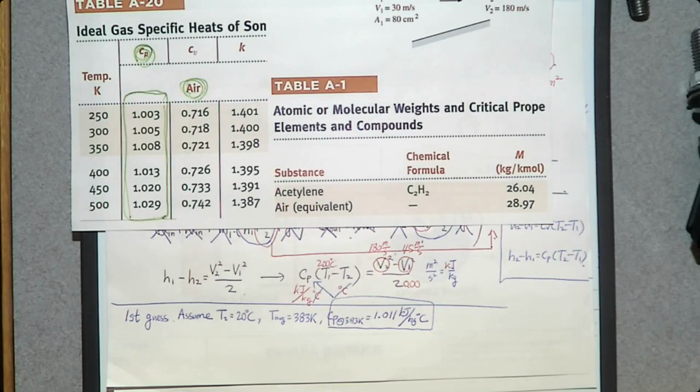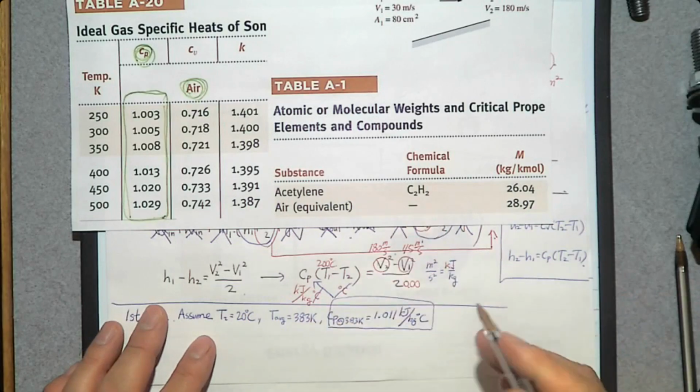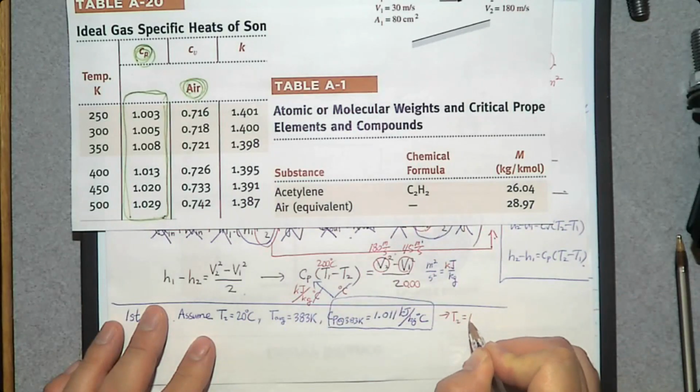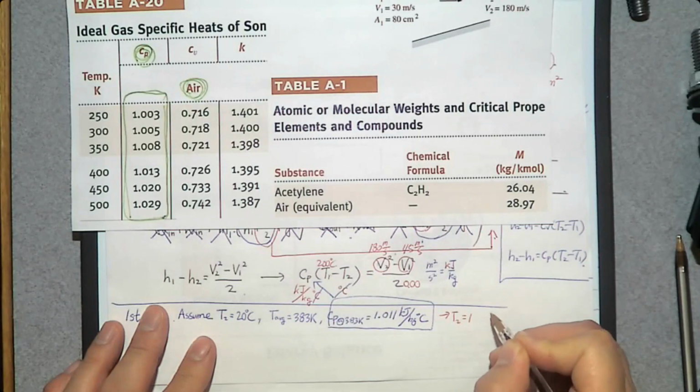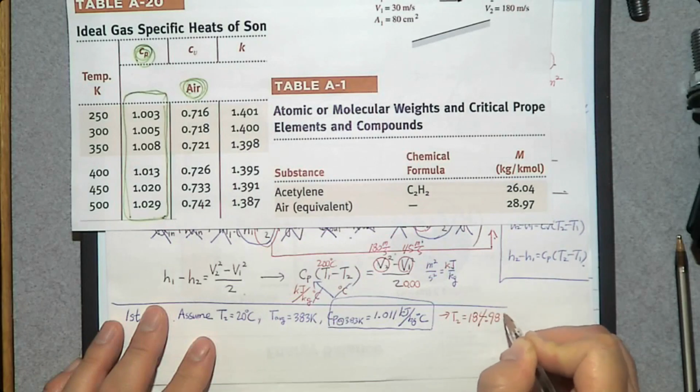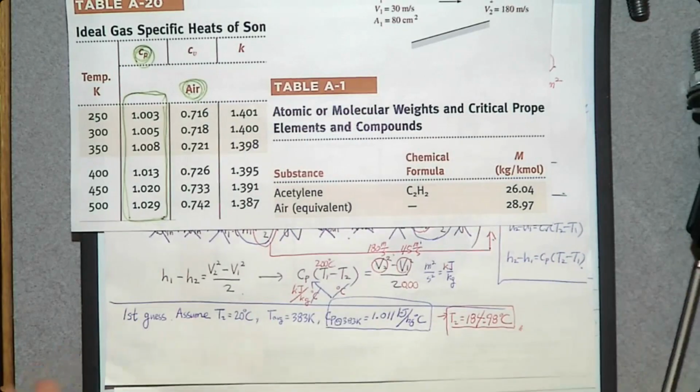I get 180.98. So from this, we got T2 is 184.98 degrees Celsius. Okay, so that's how you determine the final temperature.